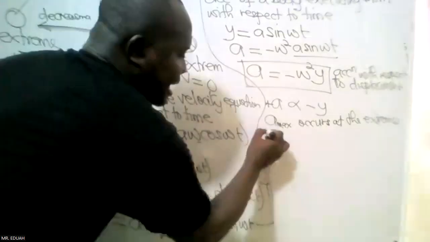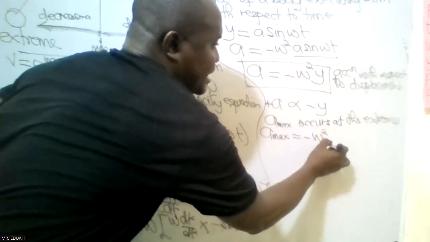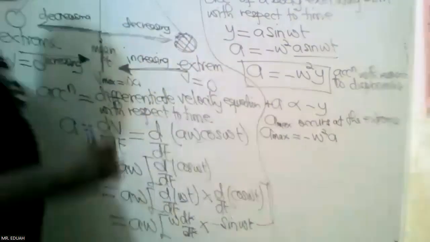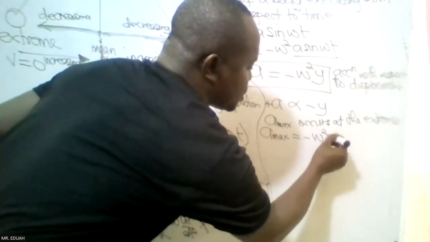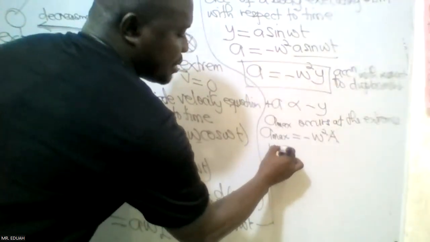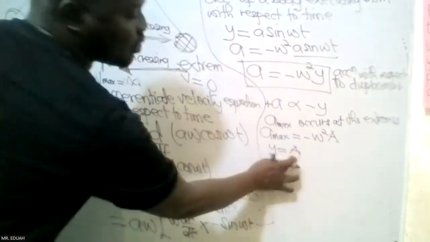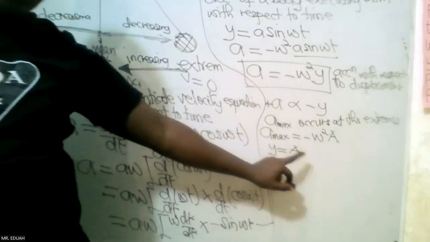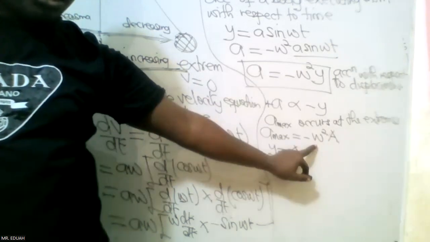The formula for that maximum acceleration is equal to minus omega squared times A. Because we are using small letter a for acceleration, let's change the amplitude to capital A. It is this because at the extremes, the displacement is equal to the amplitude. So if we are at the extreme, then y is equal to A. So we change this y for A. So maximum acceleration is equal to negative square of the angular velocity times the amplitude.